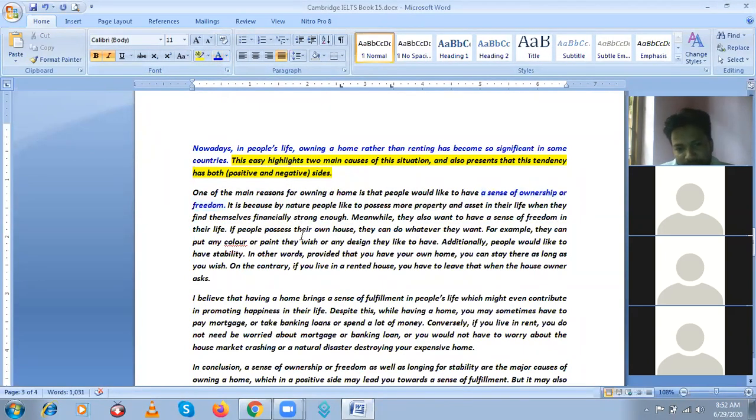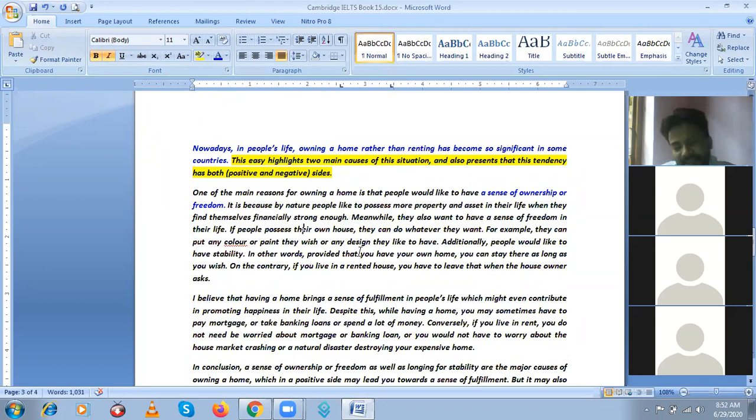How and why? We need to explain here. One is sense of ownership, another is sense of freedom. We need to fully justify these points.